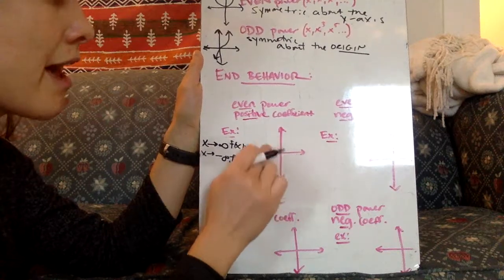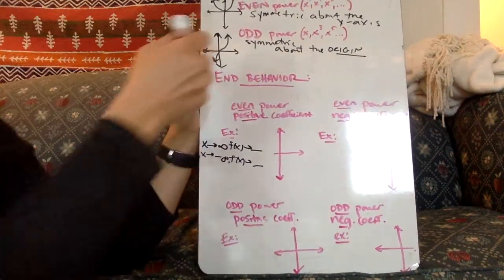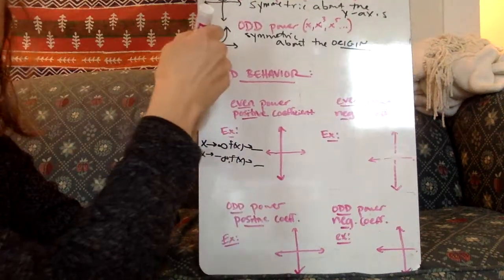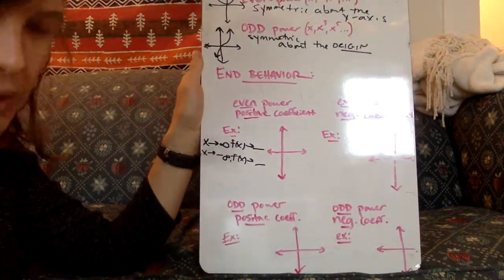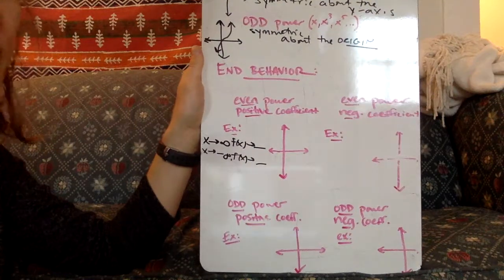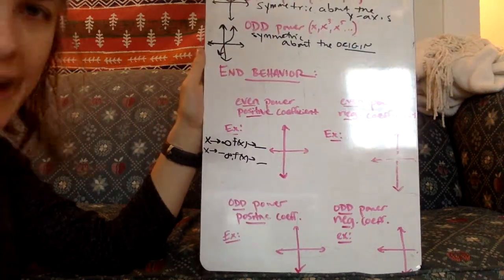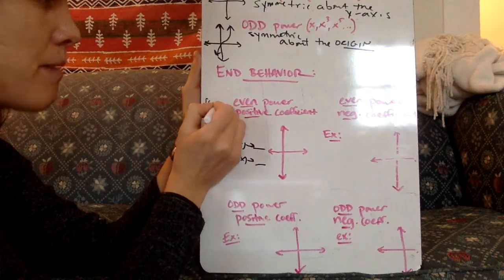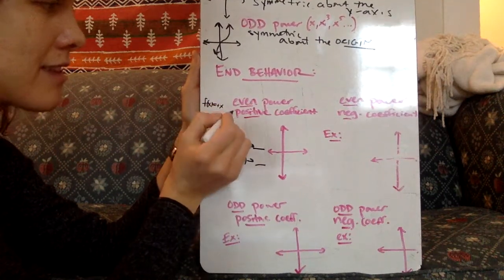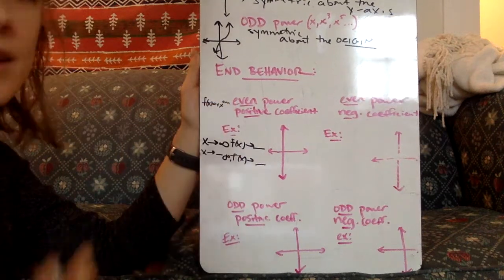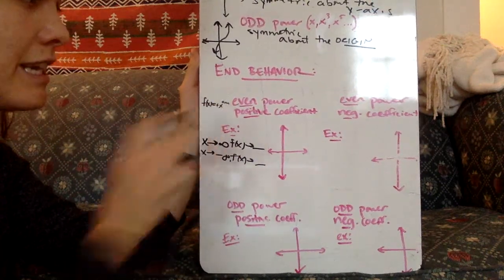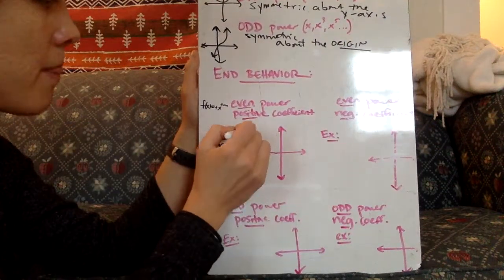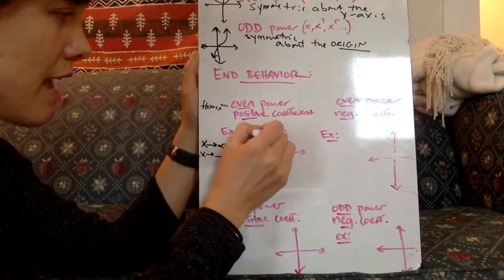And so when I have an even power and a positive coefficient, what this means is that my coefficient, or my a value, is positive, so it's f of x equals positive a, and then x to an even number. So I have a positive coefficient and an even exponent, or I could even do f of x equals x squared.